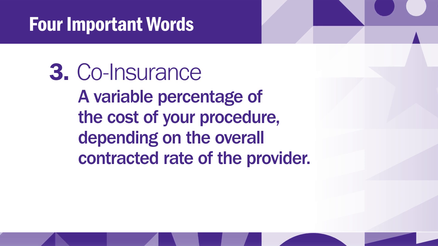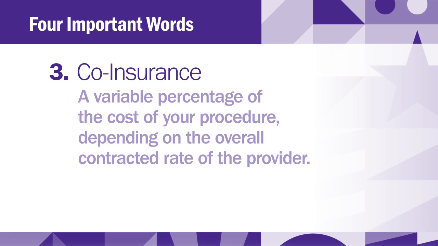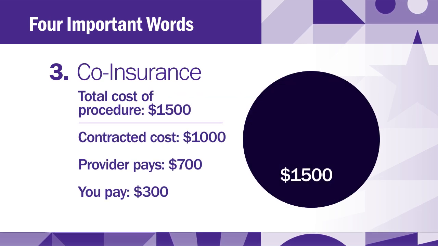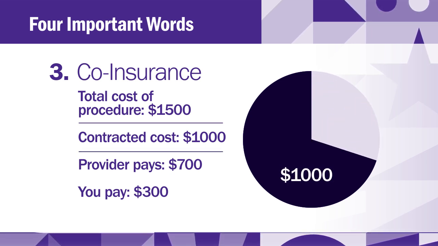So the way that it will work is you have that surgery, the provider bills United Healthcare. Let's say it's $1,500. Because you're using an in-network provider, we have a contracted rate with that doctor. Let's say that that contracted rate brings it down to $1,000. So now you're not responsible for the difference because the provider will write that off.